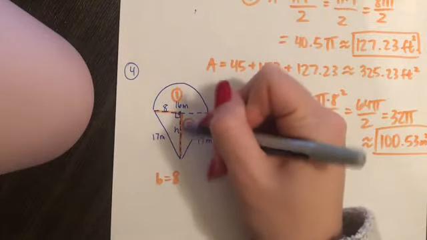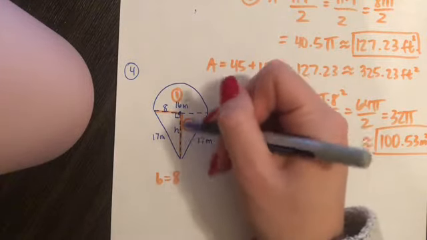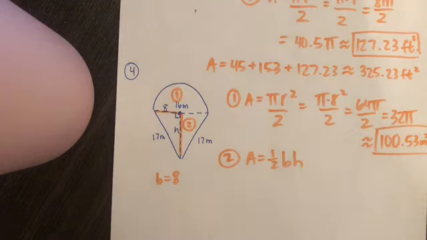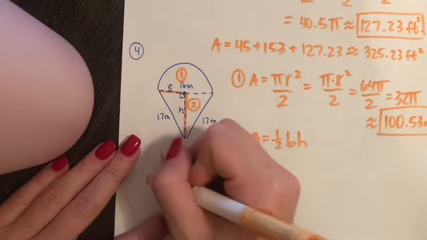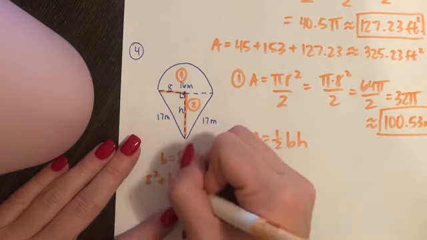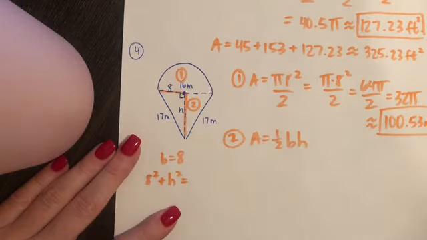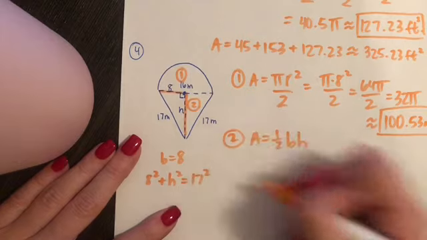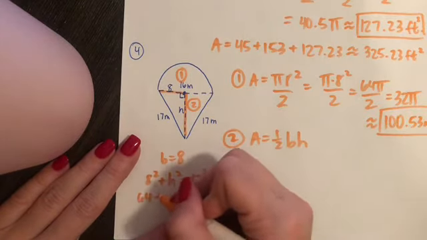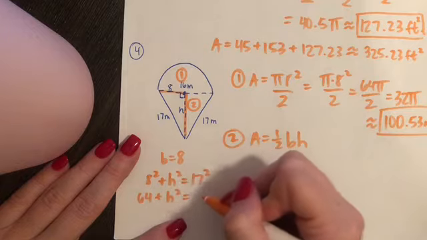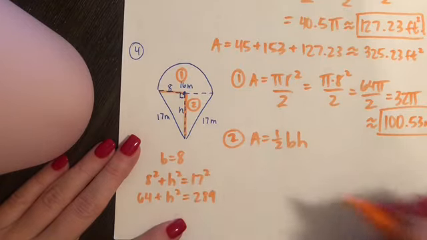Well, we actually need to calculate the third leg, or the third side of this triangle, so let's use Pythagorean theorem. We can do leg squared, so 8 squared, plus the height squared, equals the hypotenuse squared. That's going to be 64. That's 289.